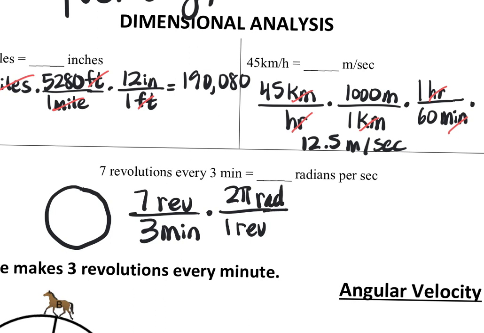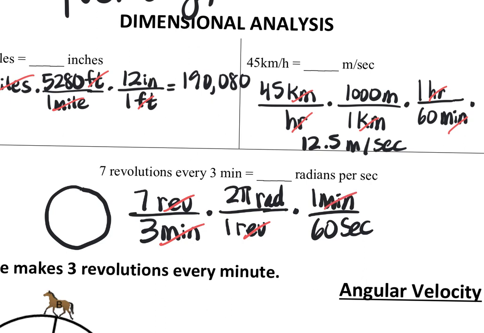It's 1 trip around the circle. And then minutes to seconds, 1 minute is 60 seconds. So revolutions cancel, minute cancels, and I'm left with radians per second, which is what I need.